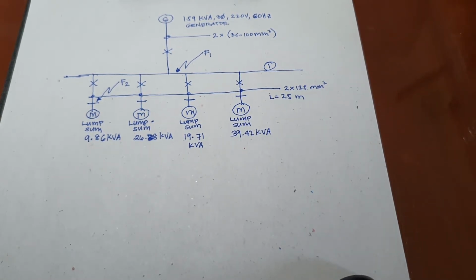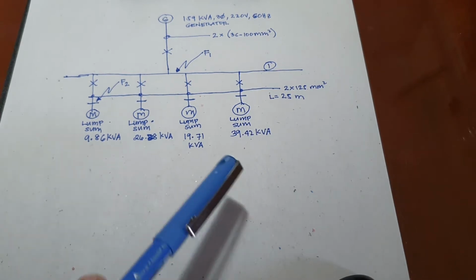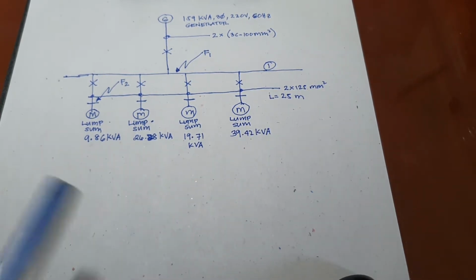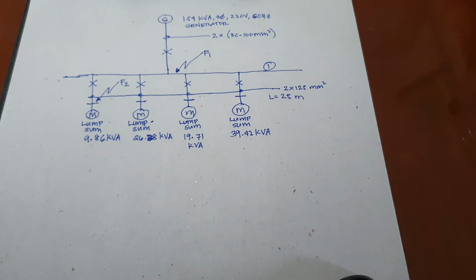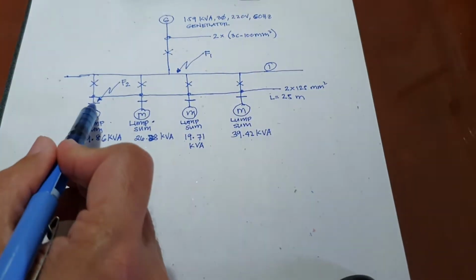The first part of this video is to prepare the impedance diagram and also to calculate the per unit value of each impedance, and in the next video let's do the calculations of the fault current at this bus and also at this bus.